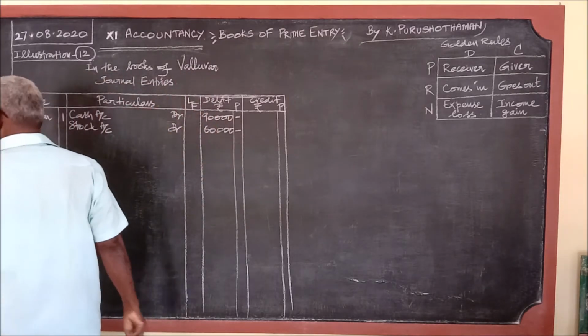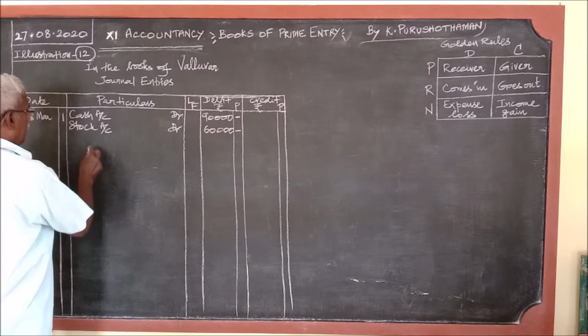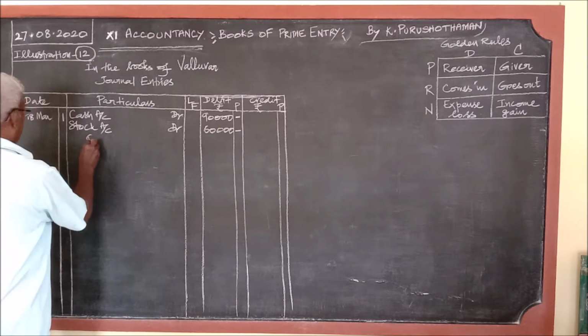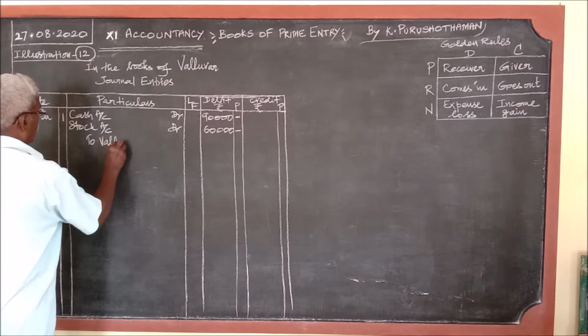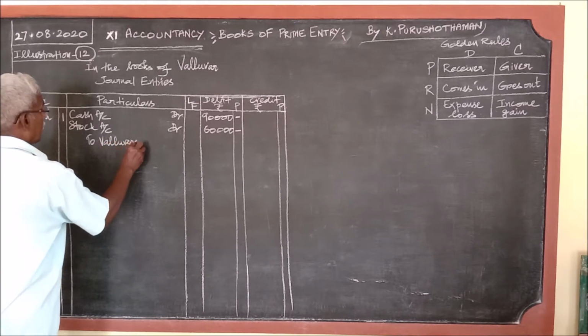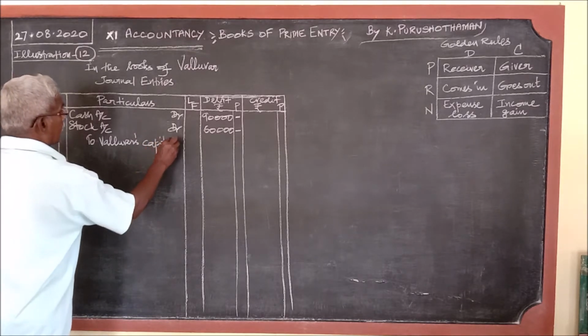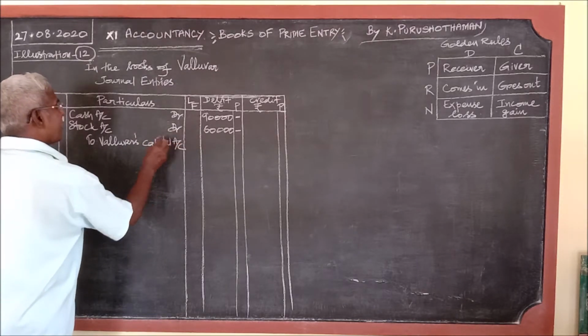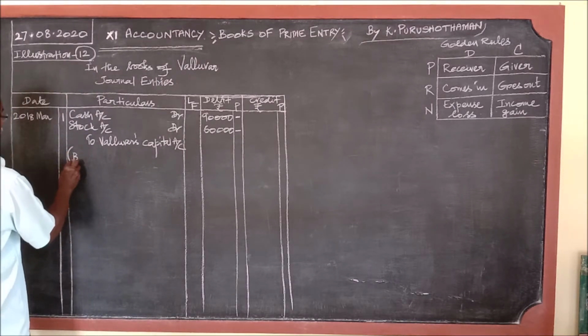Right. These two items are invested into the business, so they are called capital. Whose capital? Valluvar's capital. So, Valluvar's capital account. Narration, business commenced.